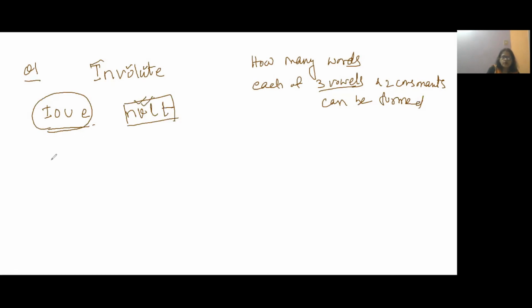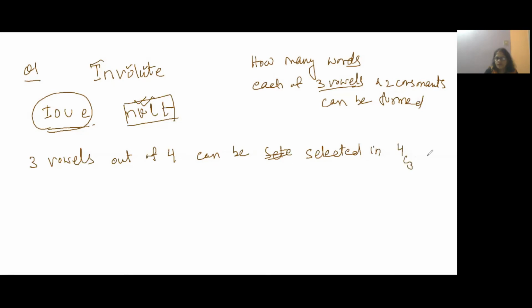So you may write here: three vowels out of four can be selected in how many ways? Three vowels out of four can be selected in 4C3 ways.